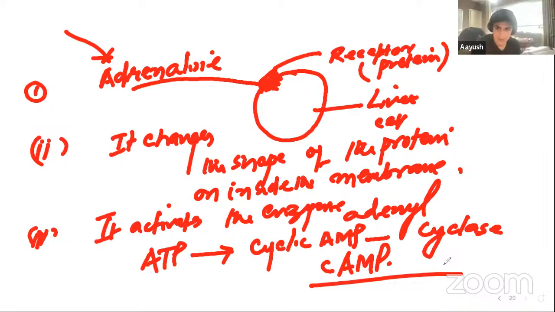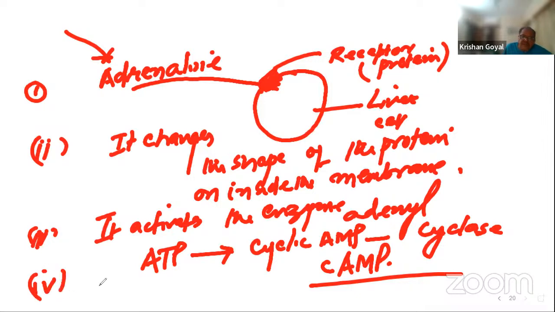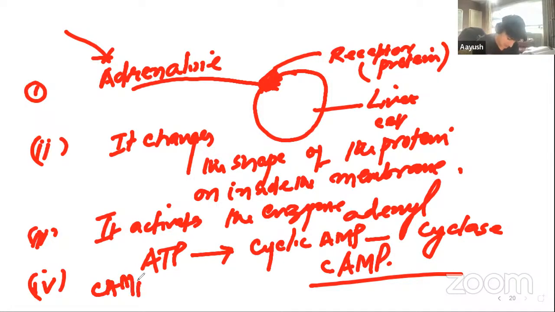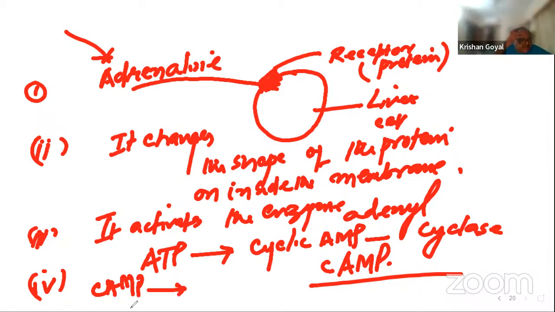This is the second chemical messenger. I will write it in the next point. cAMP is called the second chemical messenger or second messenger. Now what will happen?